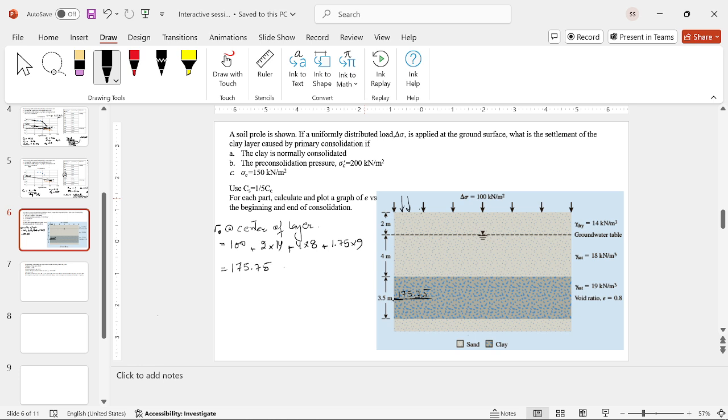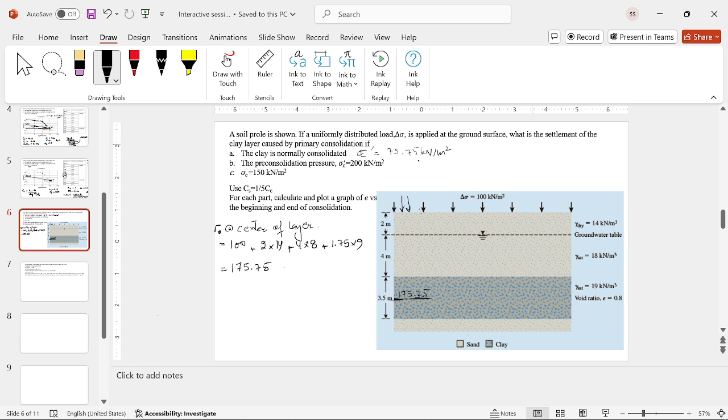In this case, since the soil is normally consolidated, the pre-consolidation pressure here is the overburden pressure. Actually, it is 75 without the delta sigma, no?